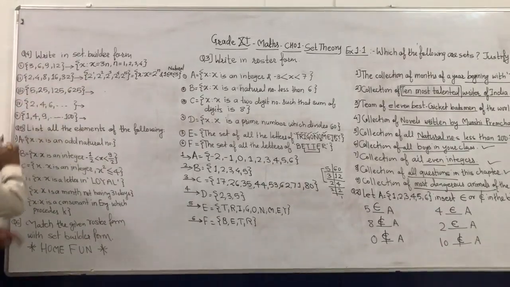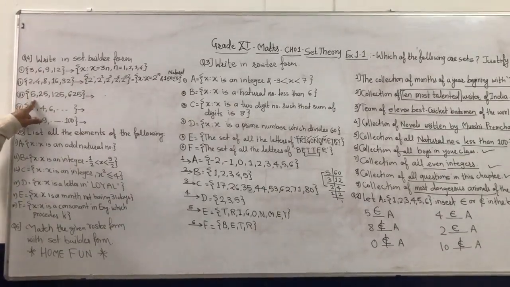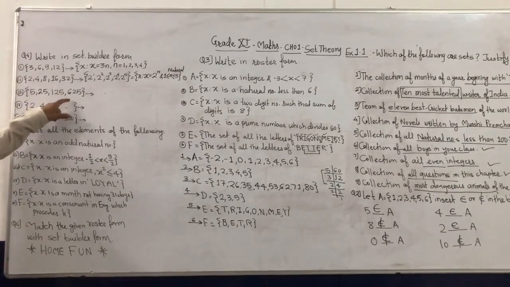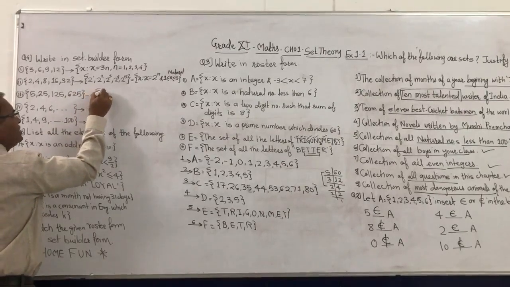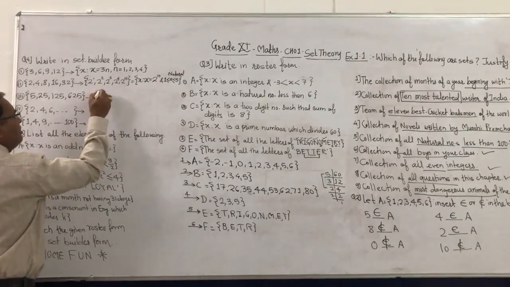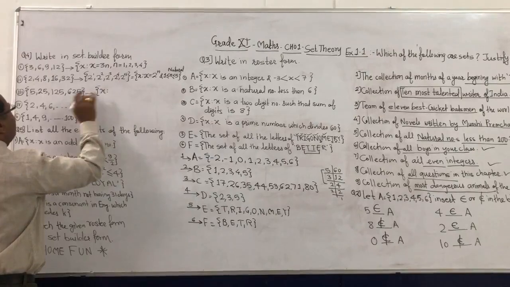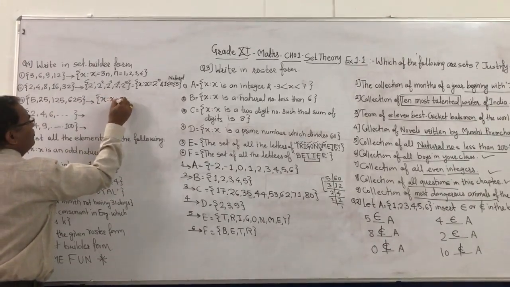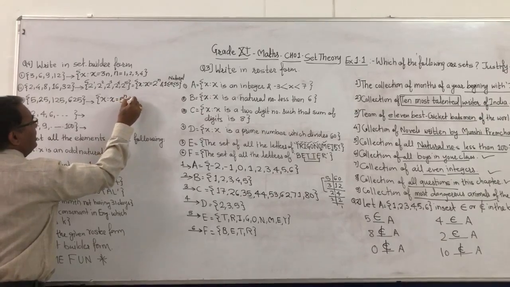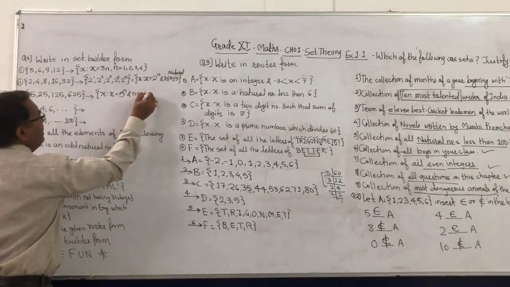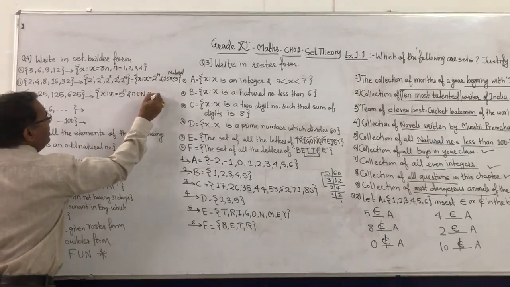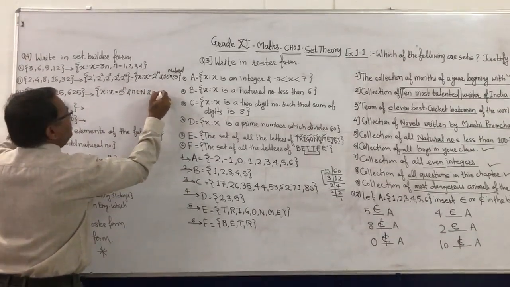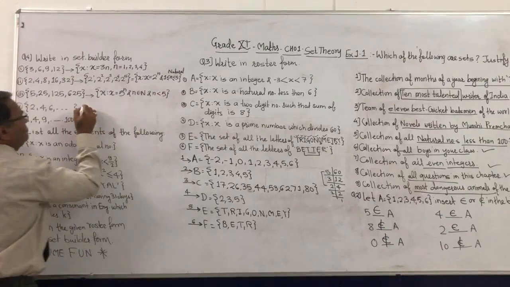Now what is next? Again the same thing. Everywhere the power is increasing by 1. That is 5 raised to 1, 5 raised to 2, 5 raised to 3, 5 raised to 4. So what we can do is x such that x is equal to 5 raised to n, and n belongs to capital N, and n is less than 5, since 1, 2, 3, 4 means less than 5.